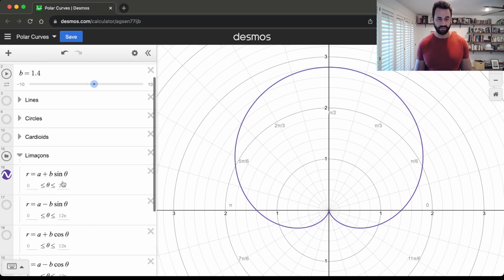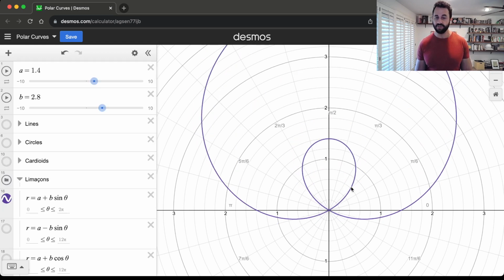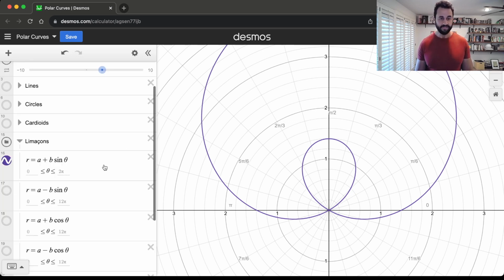And the other thing I'll mention here, let me change B, is that to get this little loop, you will have a negative radius. That's where this loop comes from. So if you don't have a negative radius, you won't get this little loop. Again, sines will put you above and below.